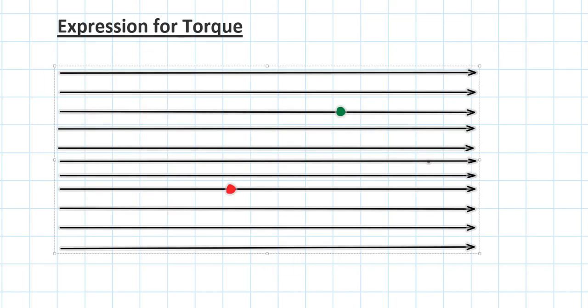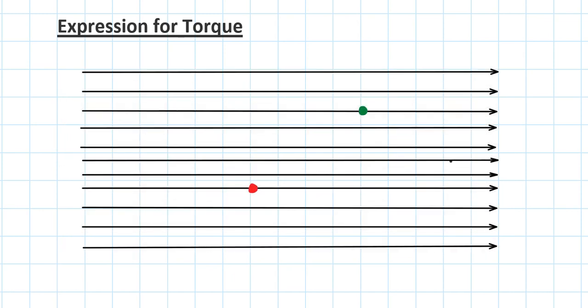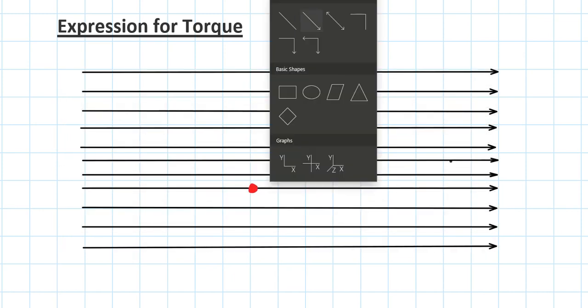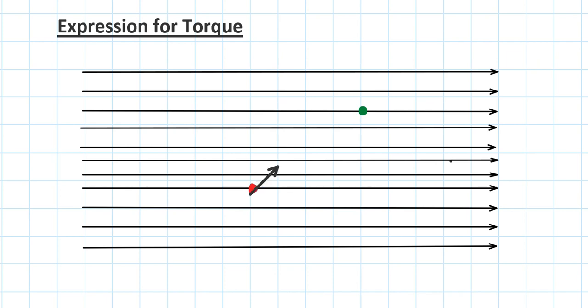So let us see what the expression for torque on an electric dipole in the presence of an external uniform field would look like. For that, let me just bring back the diagram. There you have the diagram, and over here we can draw the dipole moment vector.